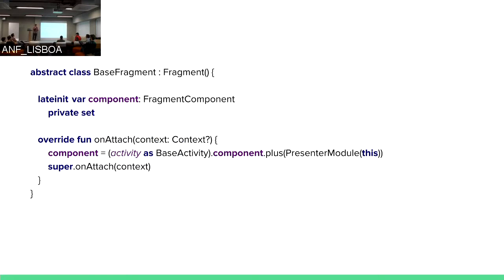Again, the super dot onAttach comes afterwards because of the child fragments. It's the same rationale that we described with the activity. If you have a configuration change, then they may be created before, and you have to make sure you have the component before that.